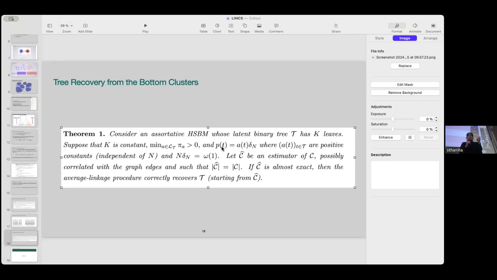But delta n, what does it mean here? It should be defined. It is related to n. It's the order of the probability. We should put some order for the probability, and this order is given by a sequence. The order is 1 over n squared or something like that.